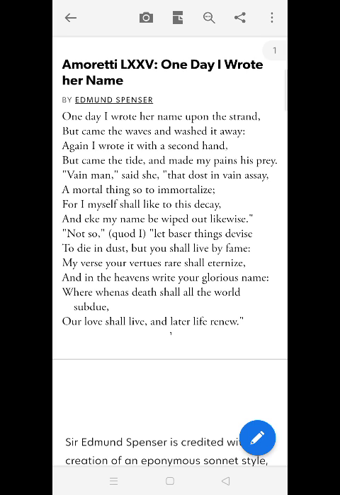He conveys his idea, his belief that "let baser things devise to die in dust, but you shall live by fame. My verse your virtues rare shall eternize, and in the heavens write your glorious name."